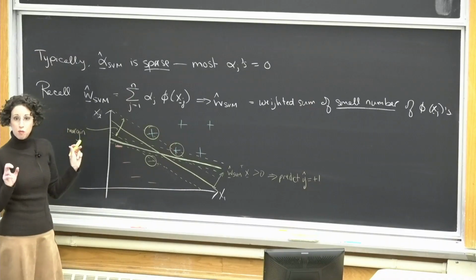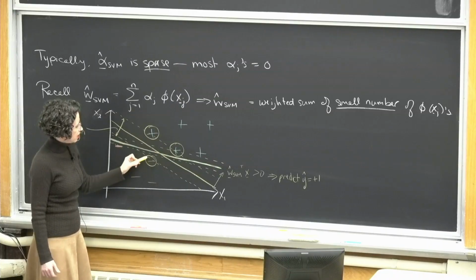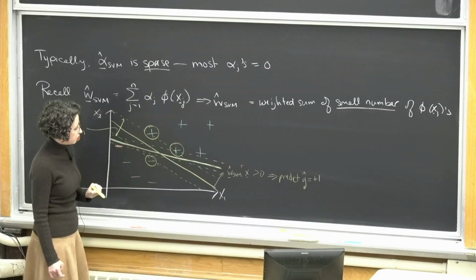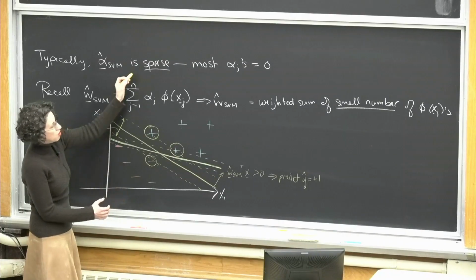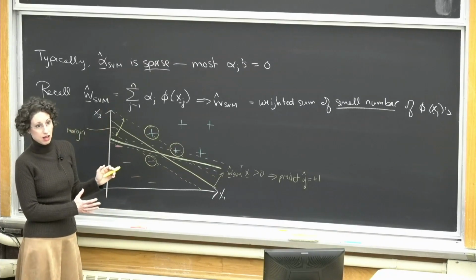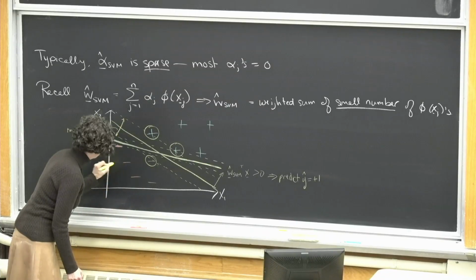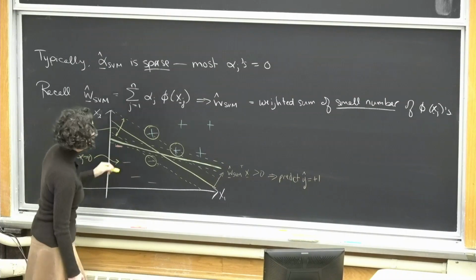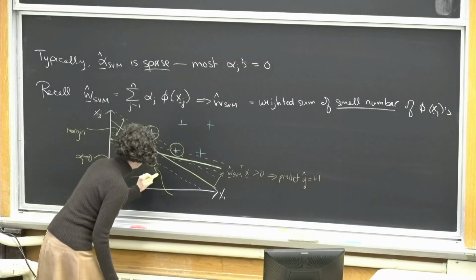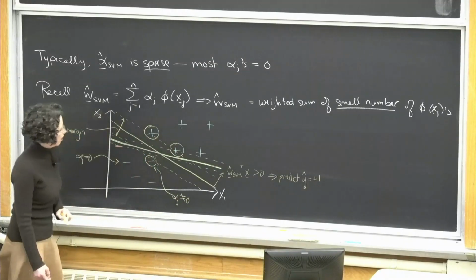So these are the support vectors. These are the feature vectors that tell me where that margin is located or where that decision boundary is. And those are the ones that are going to get non-zero weights in this alpha vector. Everything else is going to get 0 weight. So for this point here, for instance, the alpha j is equal to 0. And for this point here, the alpha j is not equal to 0.